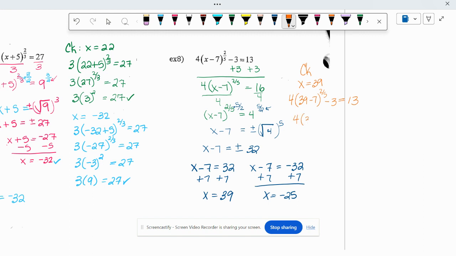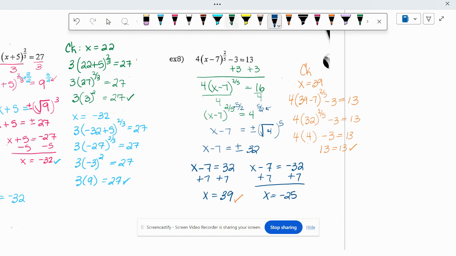So I have 4 times 32 to the 2/5 power minus 3 equals 13. Well, I need the 5th root of 32, and the 5th root of 32 is 2, and 2 squared is 4, minus 3 equals 13. 4 times 4 is 16. 16 minus 3 is 13, and 13 does in fact equal 13. So x equals 39 works.